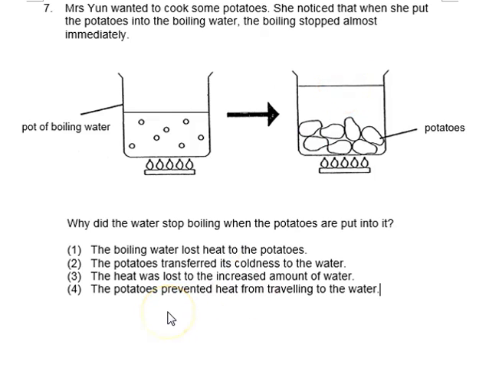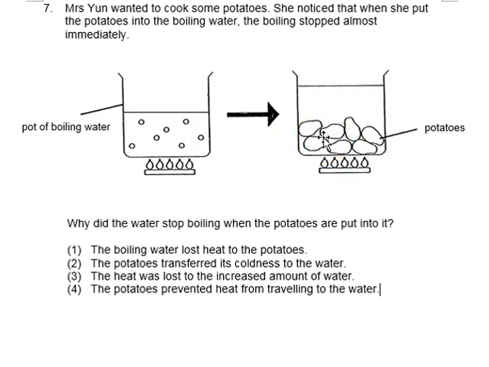Option 4, the potatoes prevented heat from traveling to the water. So option 4 is trying to say that the heat here is trying to get to the water, but the potato stopped it.